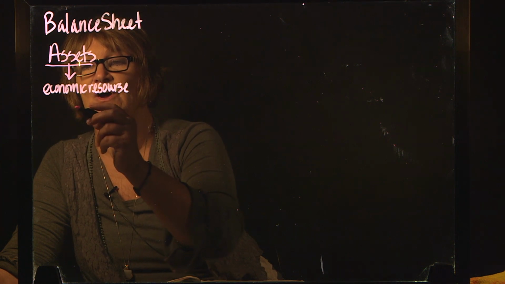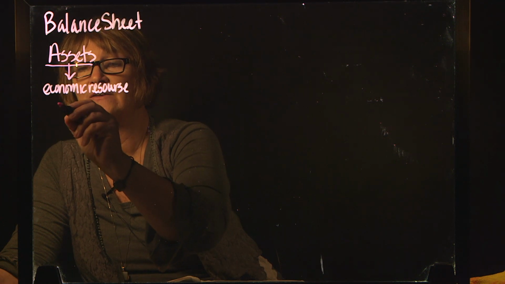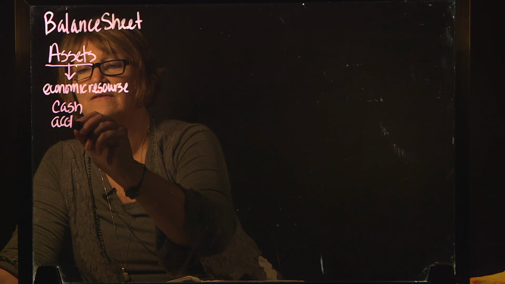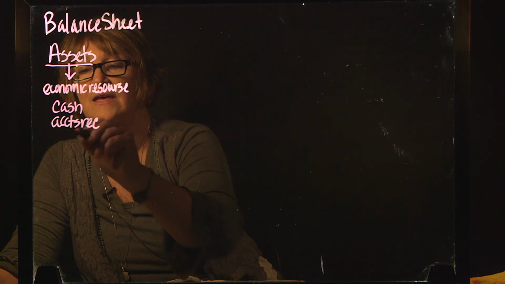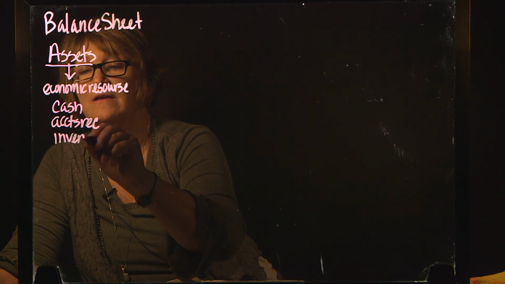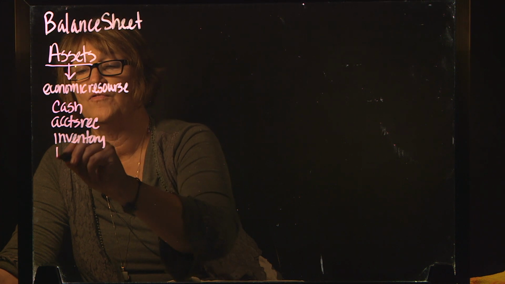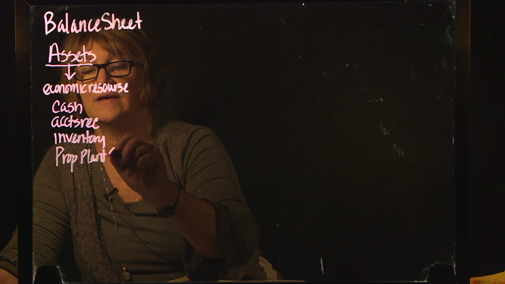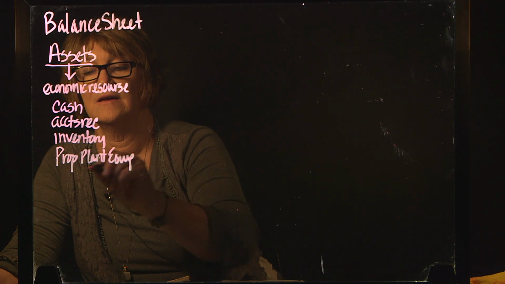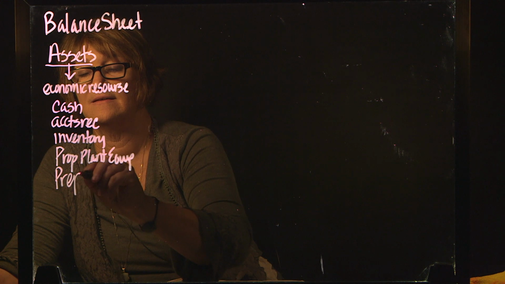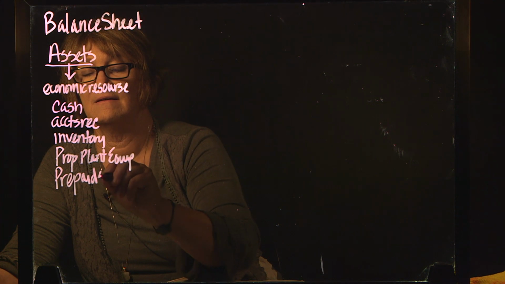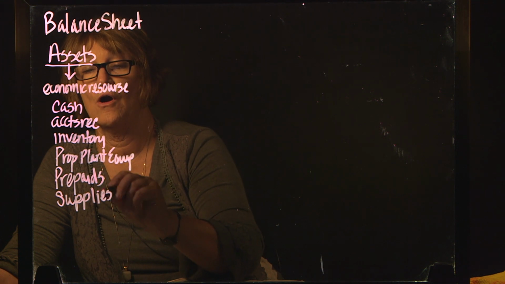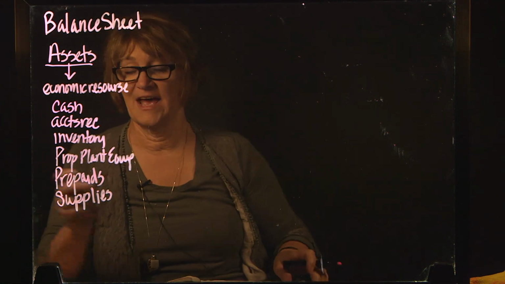Under assets are some sub-account titles: cash, accounts receivable, inventory, property, plant, and equipment, prepaids, supplies, are all examples of an asset.